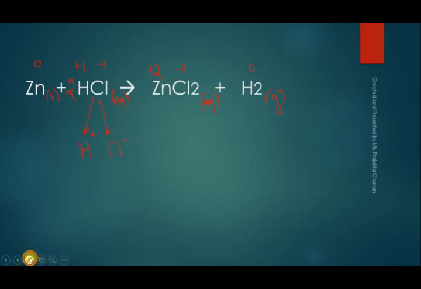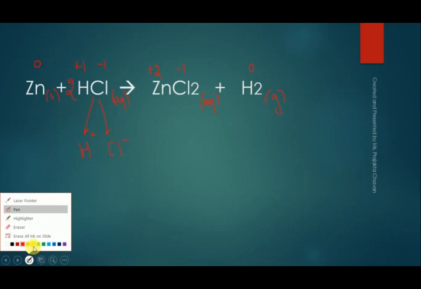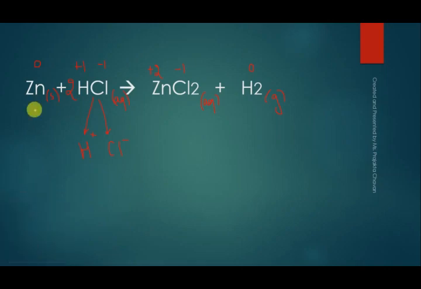Now let us compare the charges for the reactants and the products. We are going to compare what is happening to the charge on the reactant side and the product side. Here, for zinc, in the reactant side the charge is 0, but in the product side the charge is plus 2.